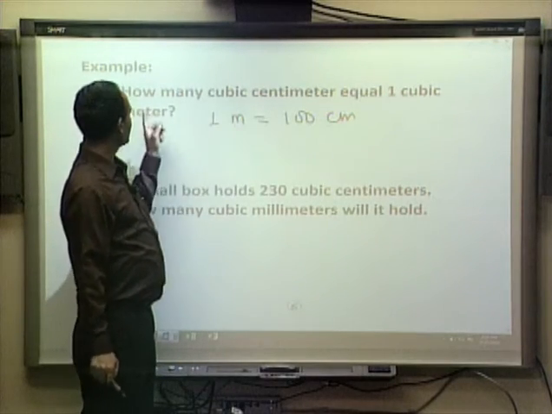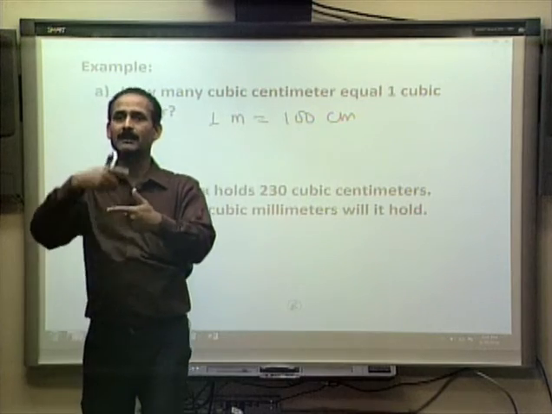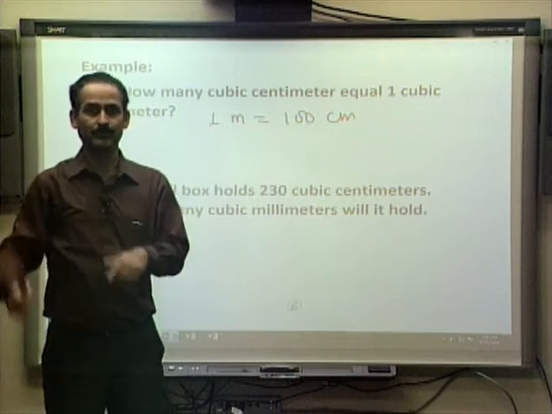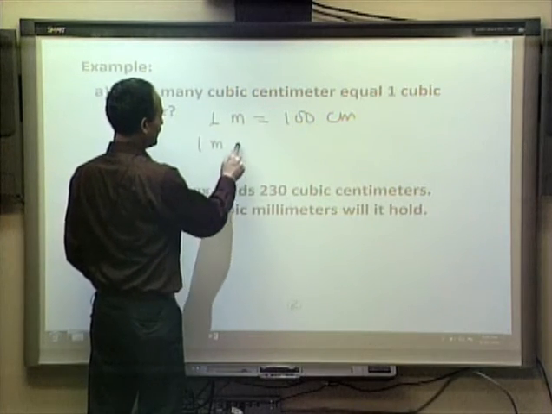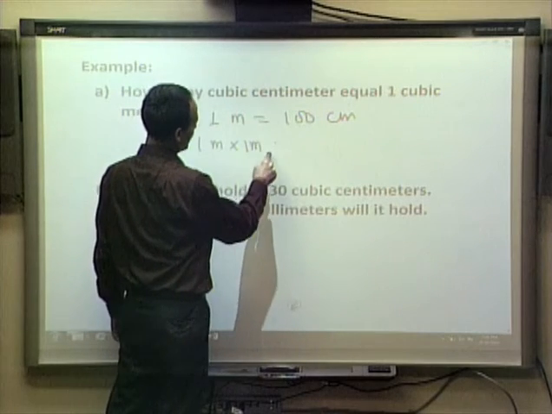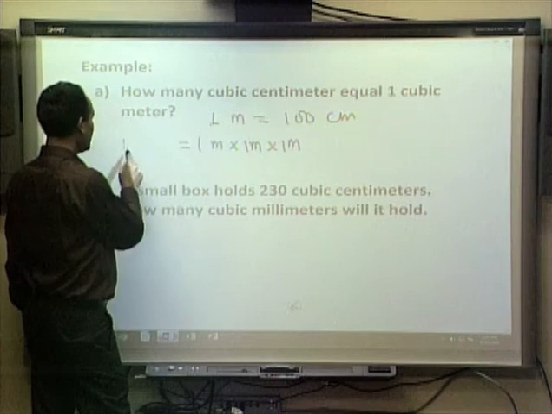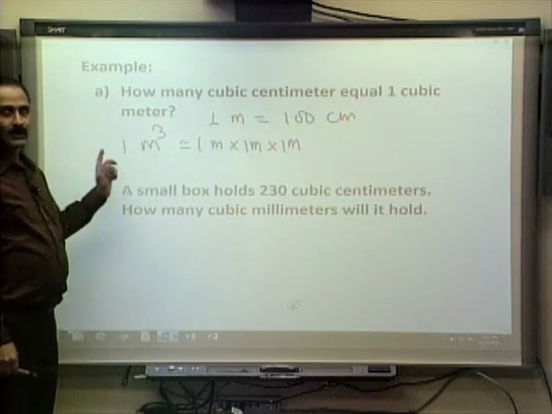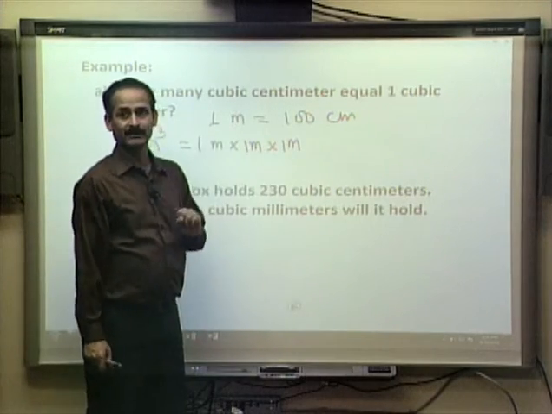Now, cubic meter means meter times meter times meter. It's meter cubed. So, 1 meter times 1 meter times 1 meter is 1 cubic meter.